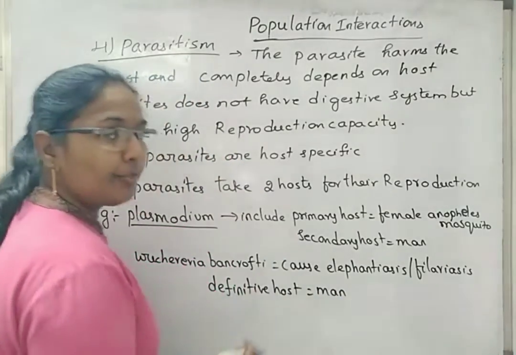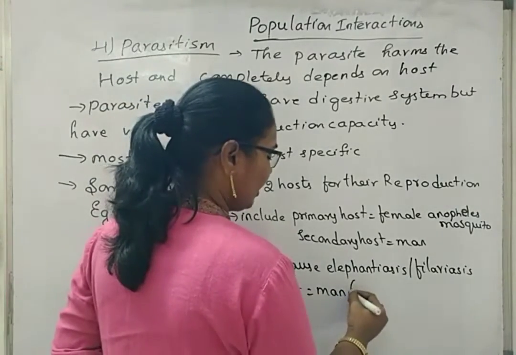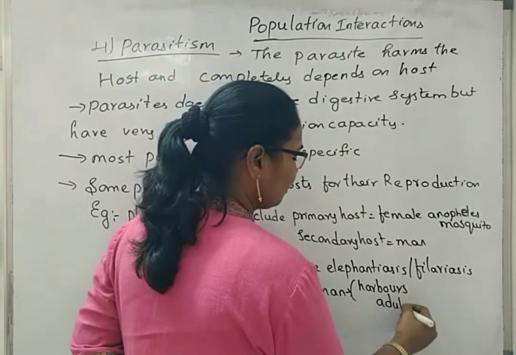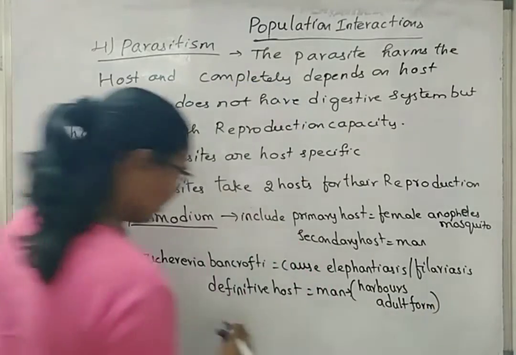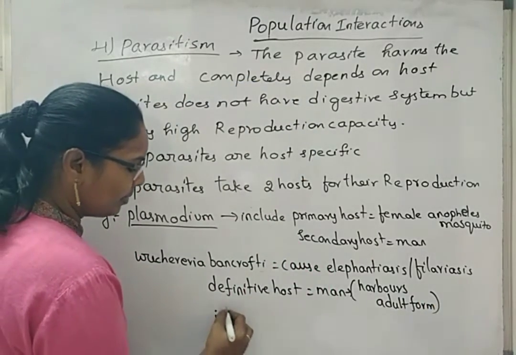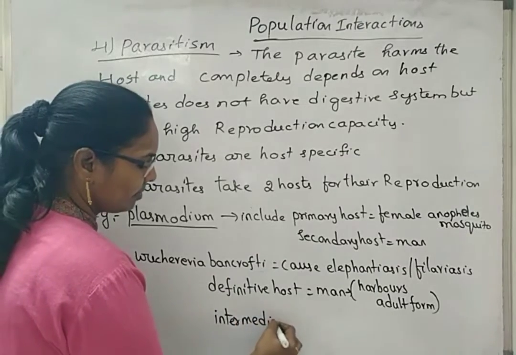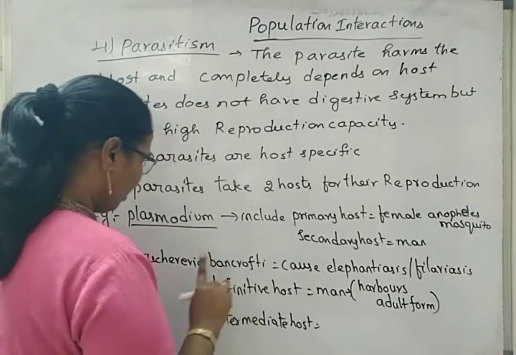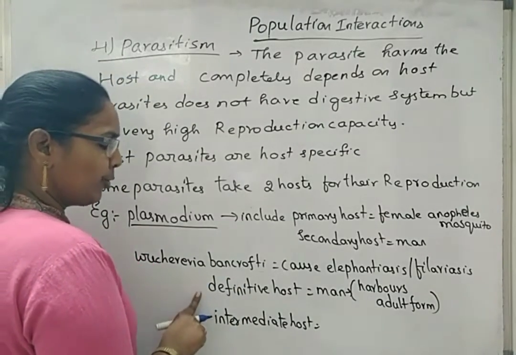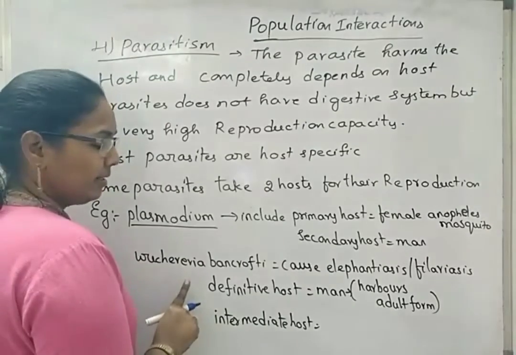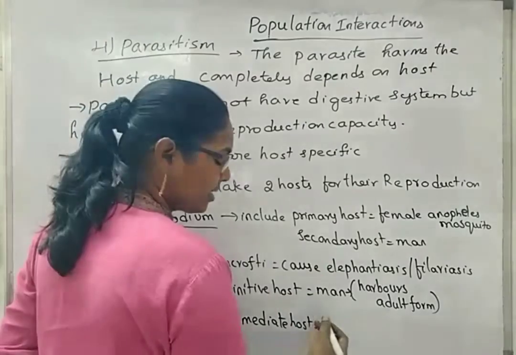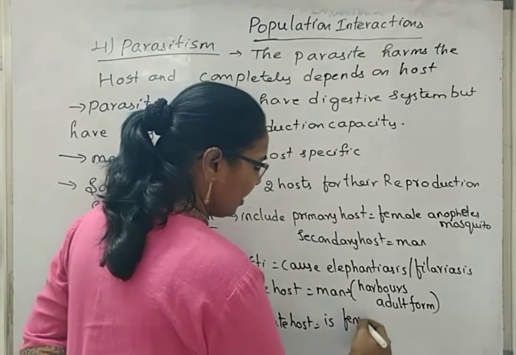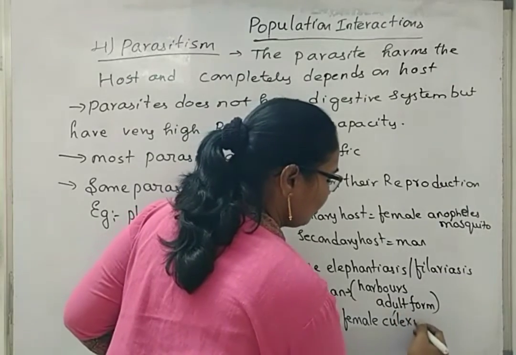Man harbors the adult form of the parasite. Next, the intermediate host harbors the larval form. The infective stage for human beings is microfilaria, that is the third stage larval form. The intermediate host is the female Culex mosquito.